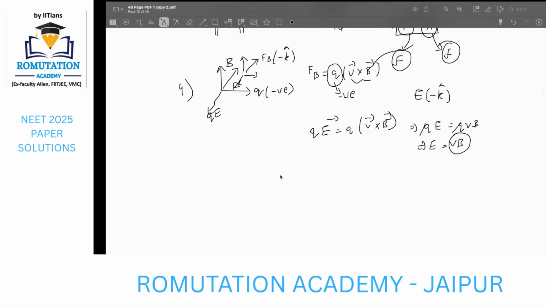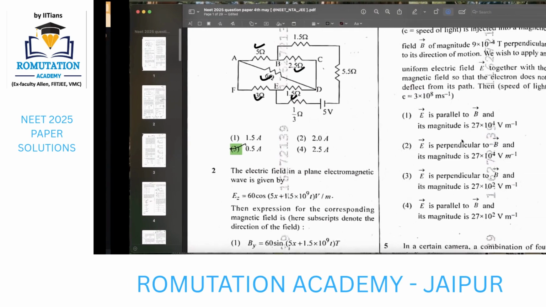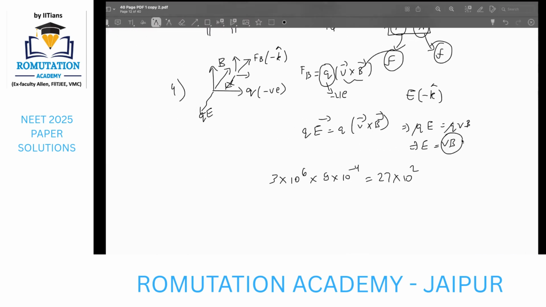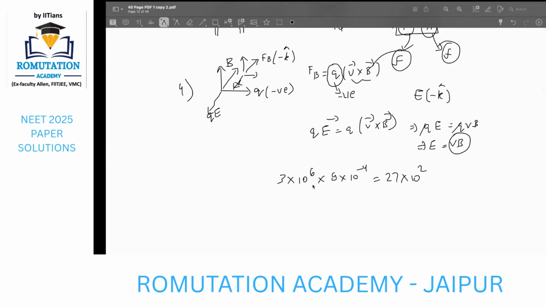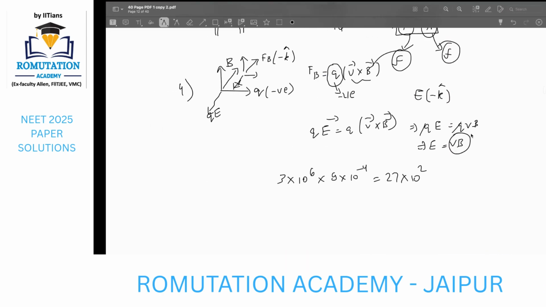So C by 100 will be roughly around 3 into 10 to the power 6. 9 into 10 to the power minus 4 is going to give me 27 into 10 to the power 2. Let's see if such an option is there. Okay, we have used the proper value of C by 100, I think, yes, and the magnitude of V is there.